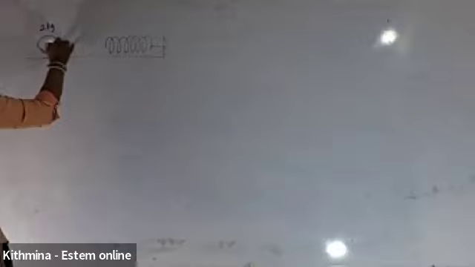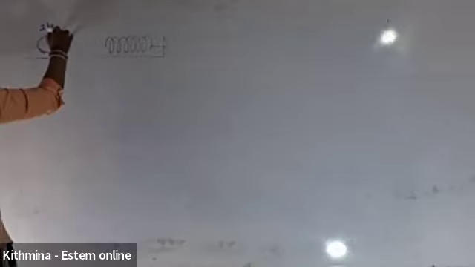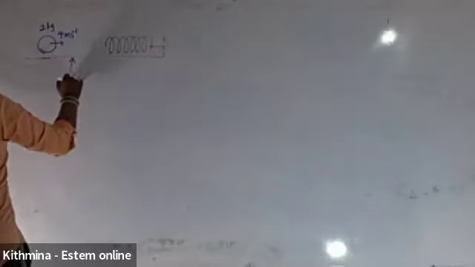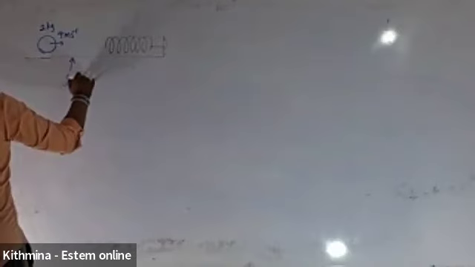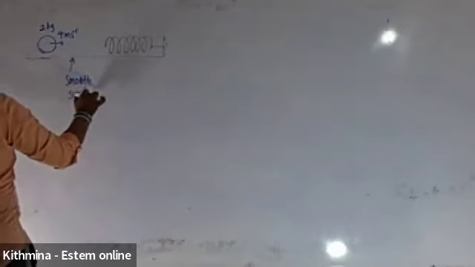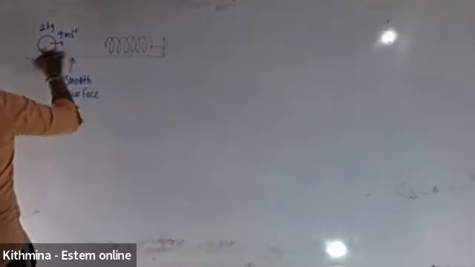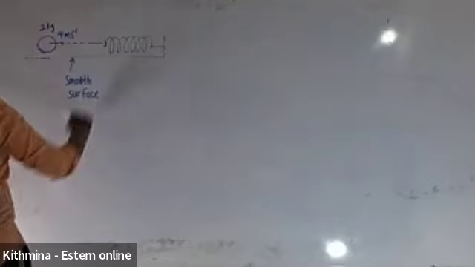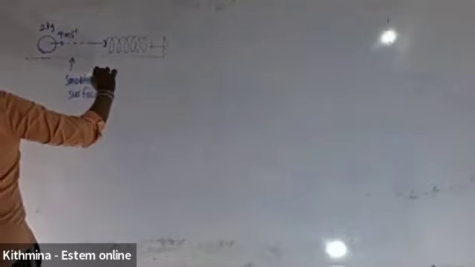Now, a 2 kilogram object is traveling with a velocity of 4 m/s. This is a smooth surface, and it hits the spring.